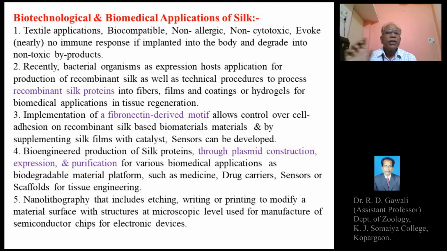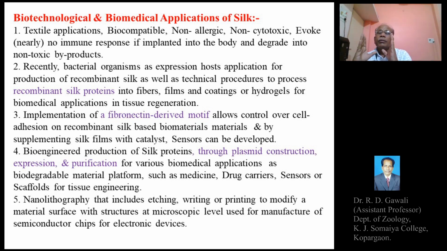So where we can use the bacteria. So the bacterial host can be used. Bacterial organisms are used as an expression host. So bacteria can be used for the implementation of transformation, transduction techniques.